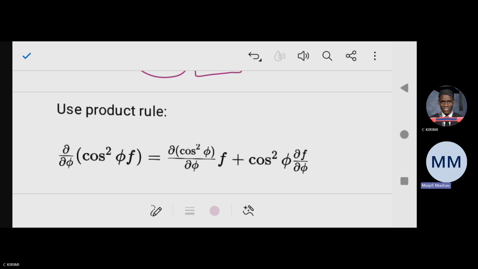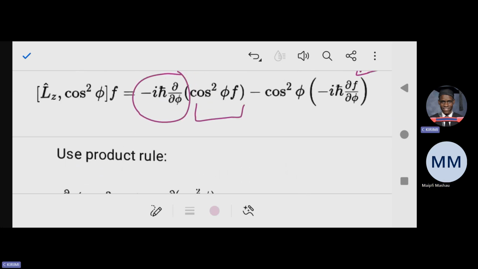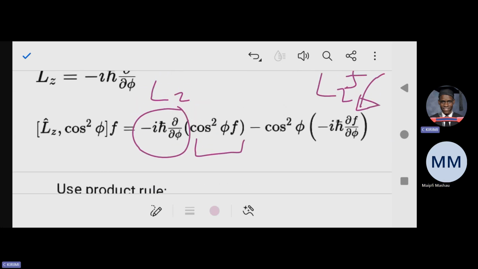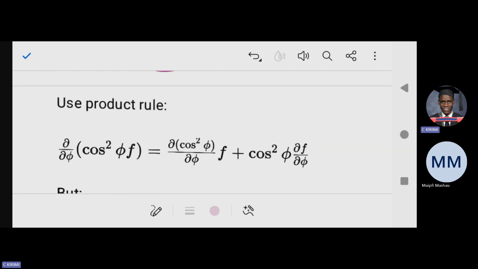Yes, sir. What are we doing? We are not interested in the negative i H bar first; it is just a constant. So first we differentiate cos squared phi times f using the product rule.